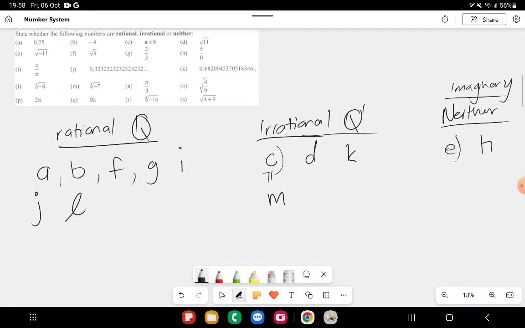Pi over 3 is irrational. The square root of 4/9 gives me 2/3, so that is rational. 2 times pi is going to be irrational. 0 times pi, any number multiplied by 0 is 0, so I'm going to make that rational.